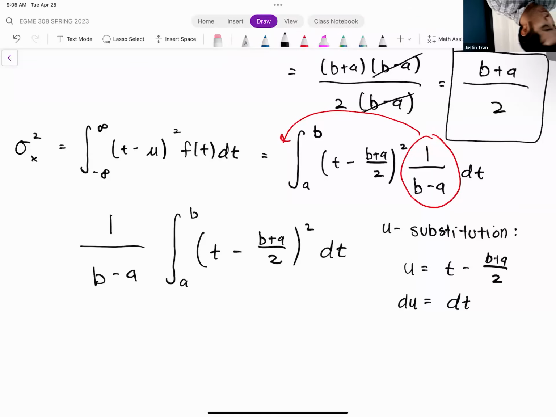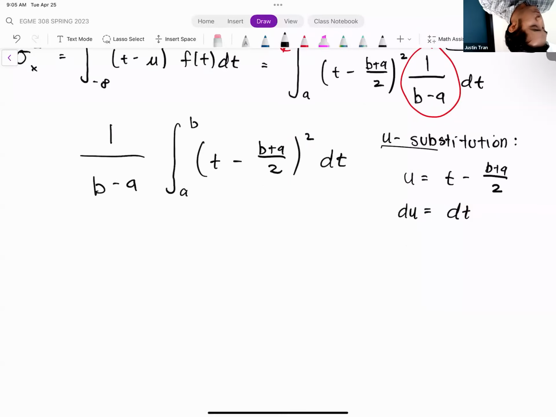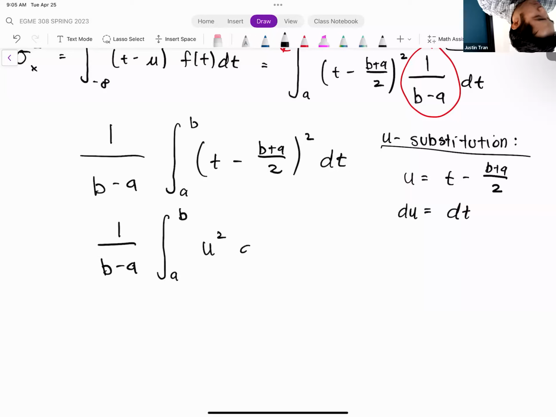That simplifies our integral quite a bit. So if we plug in this u substitution, we get the integral from a to b of u squared du. I know this isn't the full u substitution, since we didn't change the bounds, but that's how I did it.